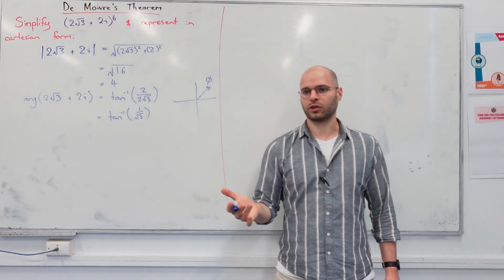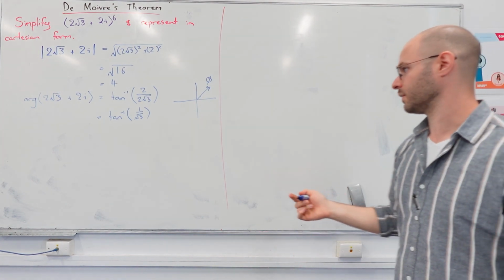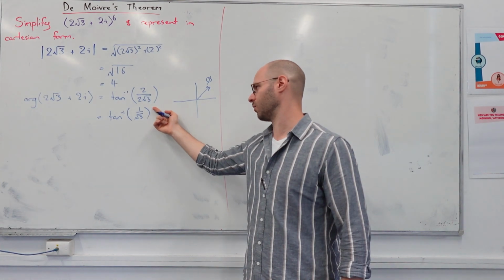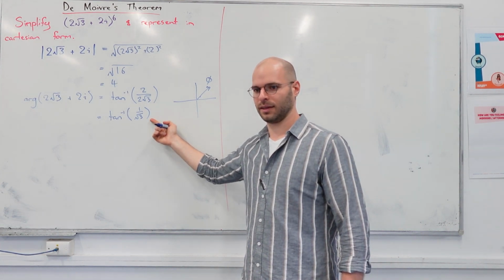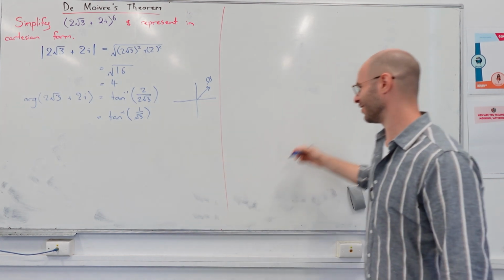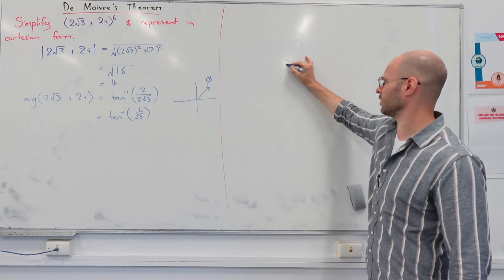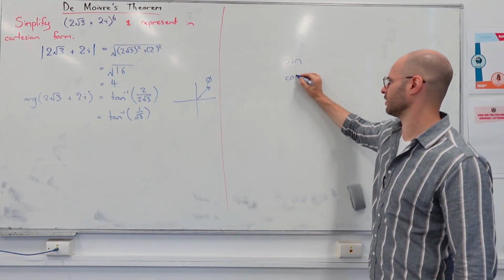Now, to this point, we could go for our calculators, or we can think, do we know what the known value of inverse tan of 1 over root 3 is? Remember with sine, you've got sine, you've got cosine.